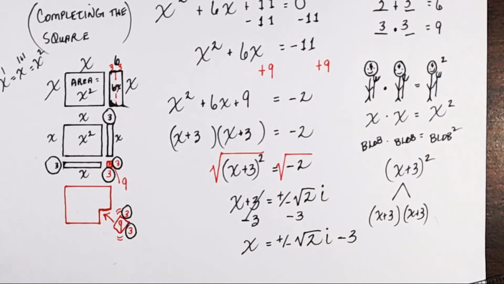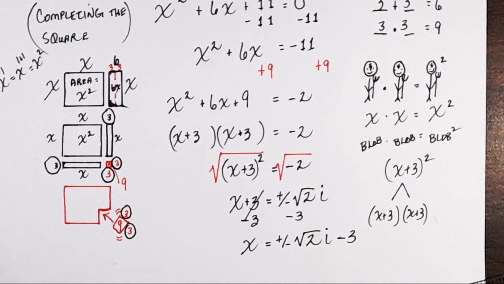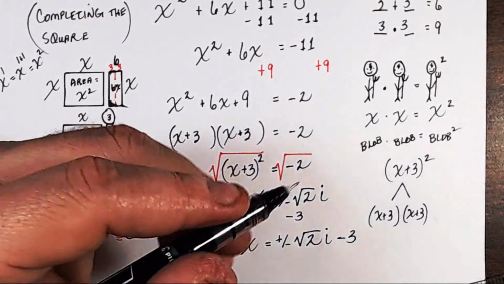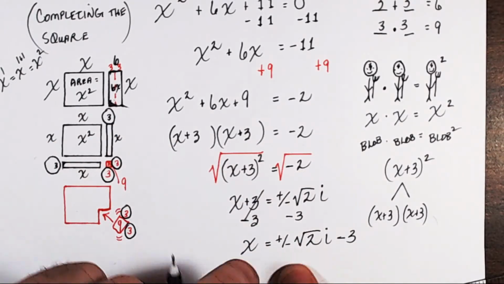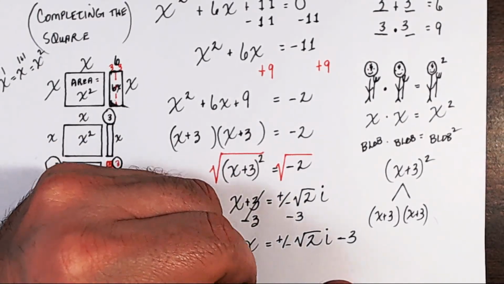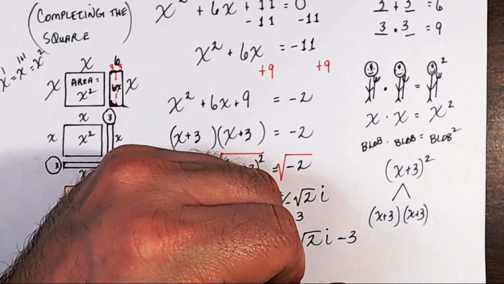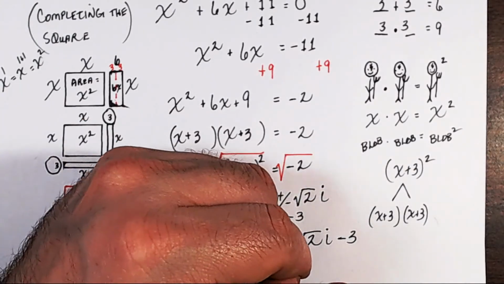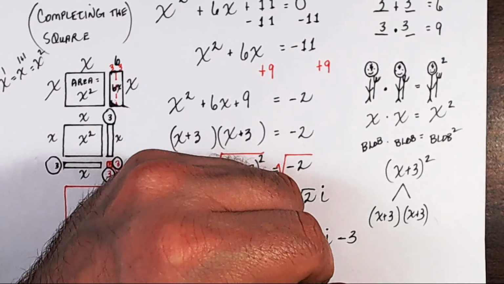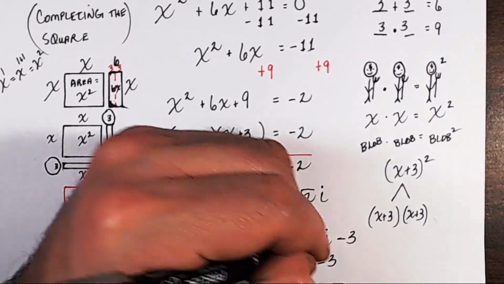And what people are wondering about is they said, hey, I thought there were going to be 2 solutions. I thought you said the fundamental theorem of algebra said there were going to be 2 solutions. Well, okay, there are. It says plus or minus right here. So I've got my first solution, x1, equals positive square root 2 times i minus 3.